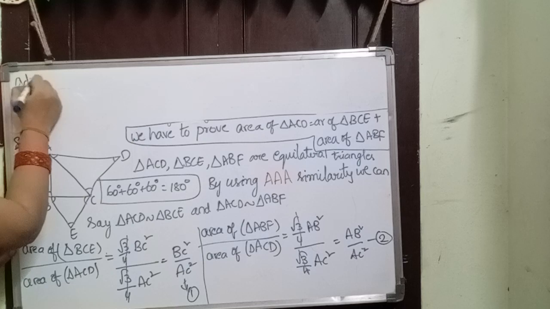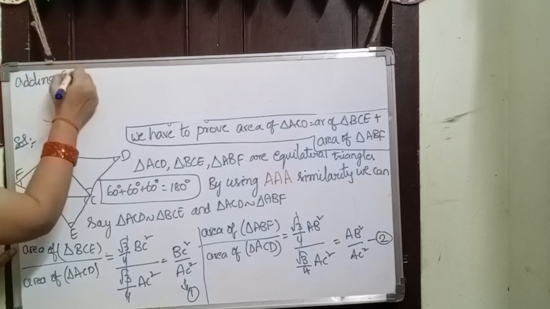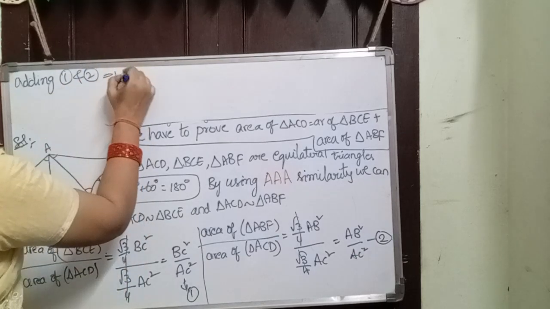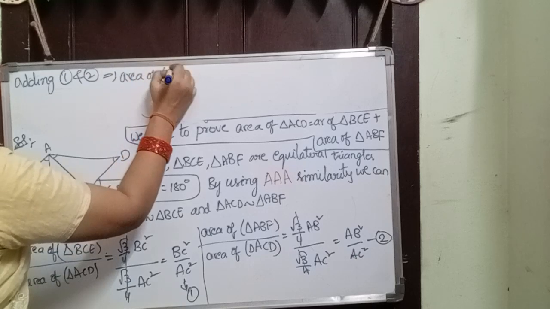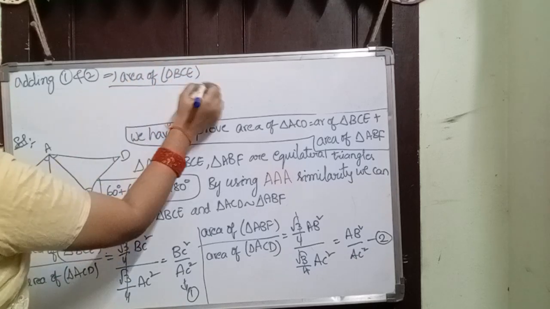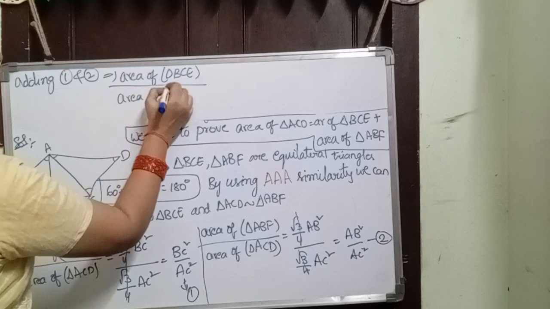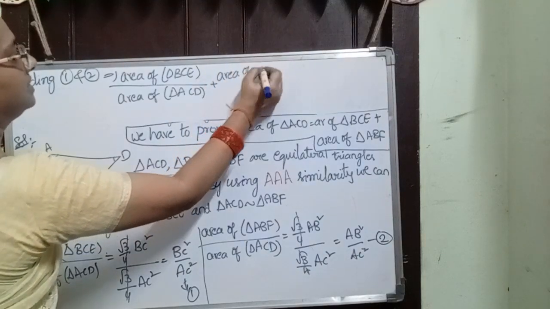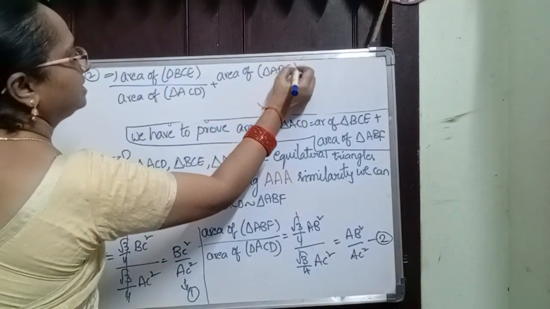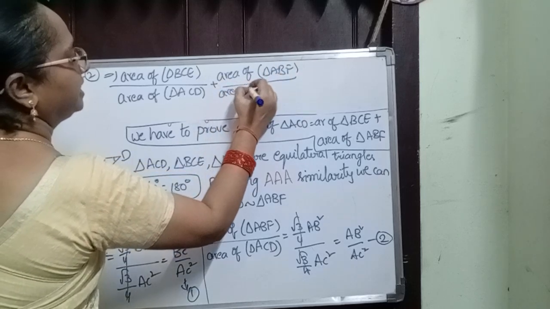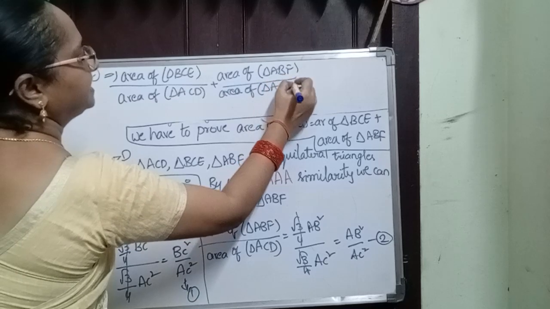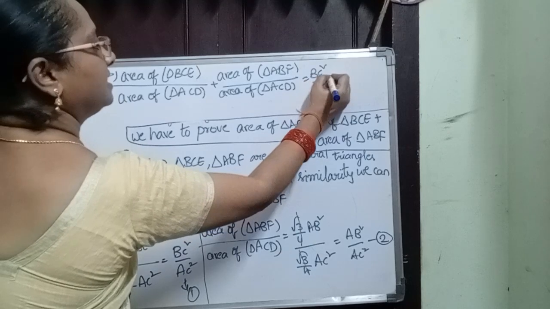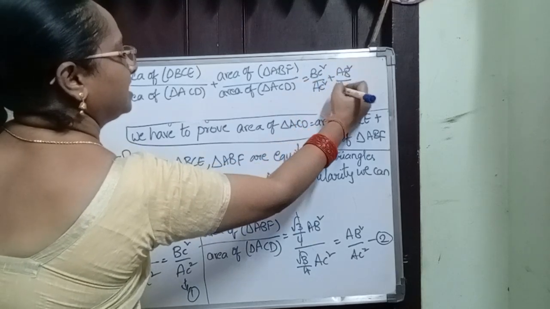Adding 1 and 2, we get area of triangle BCE by area of triangle ACD plus area of triangle ABF by area of triangle ACD equals BC square by AC square plus AB square by AC square.